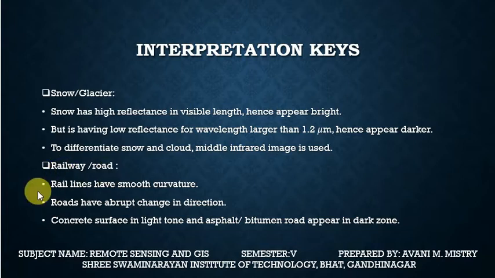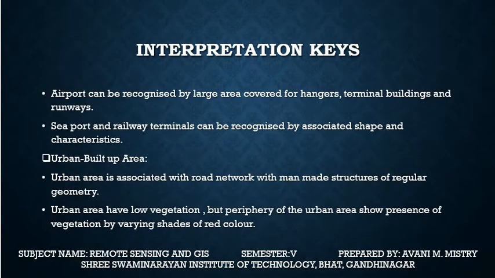Then the next one is railway and road. Rail lines have smooth curvature, roads have abrupt changes in direction. Concrete surface is in light tone and asphalt bitumen road appears in the dark zone.